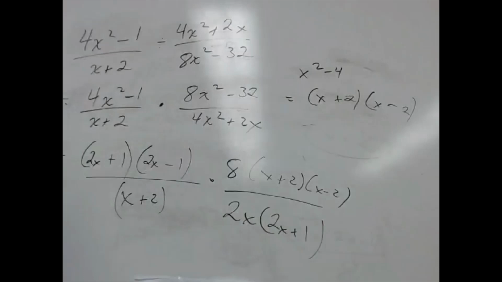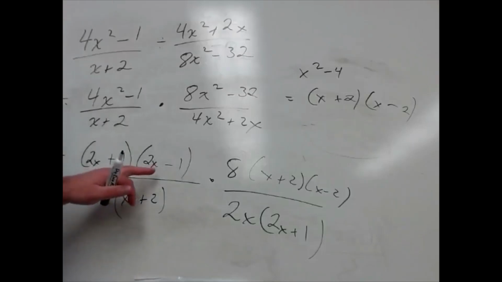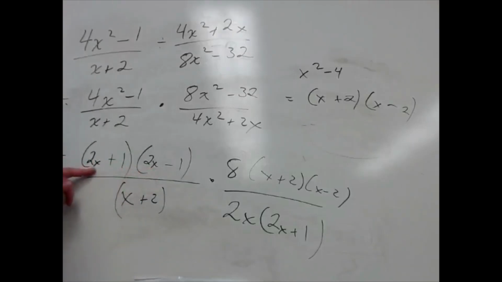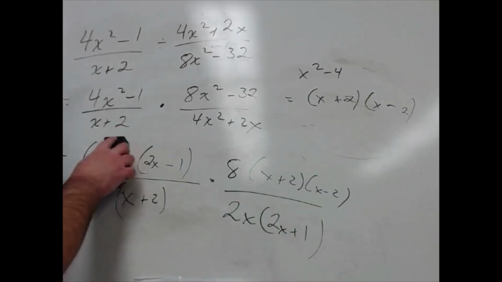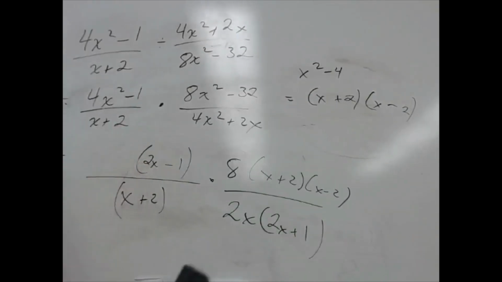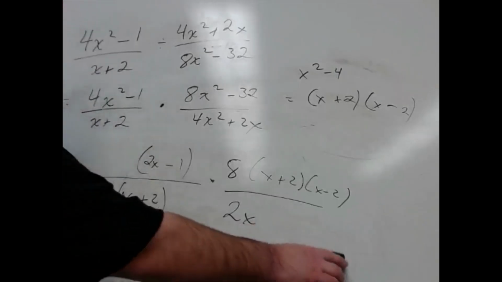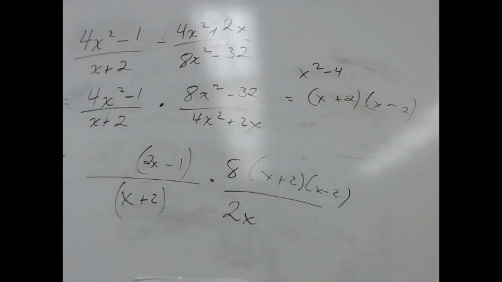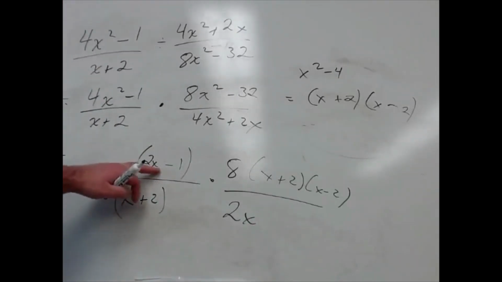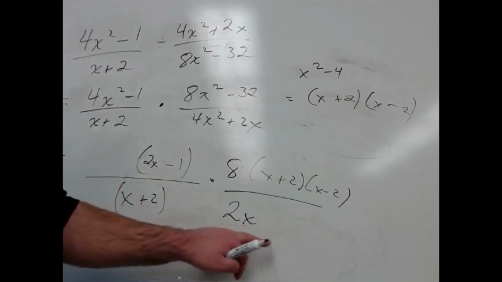Okay. So can we cancel anything off here? It looks like we will be able to, because I have a 2x plus 1 right here and a 2x minus 1 right there. So they can cancel each other off. Just like that. I've got a 2x minus 1 left over, but I don't have any 2x minus 1s in the denominators. I've got an 8.